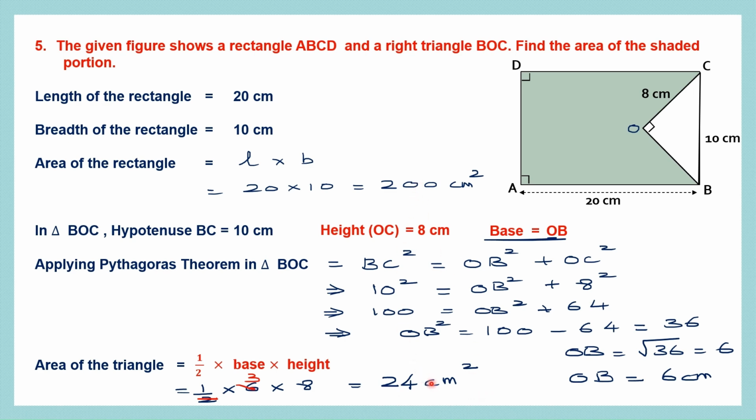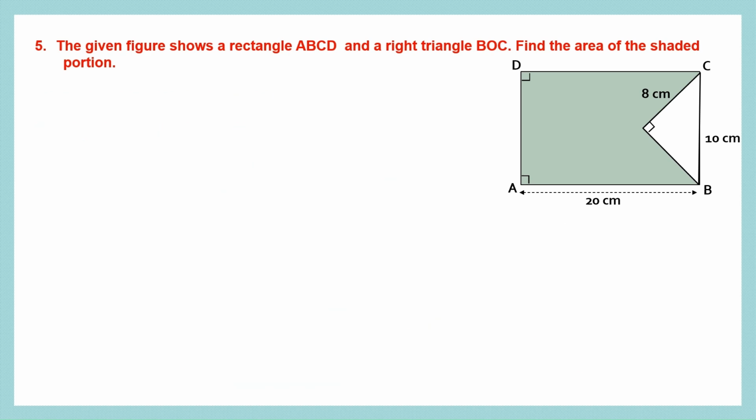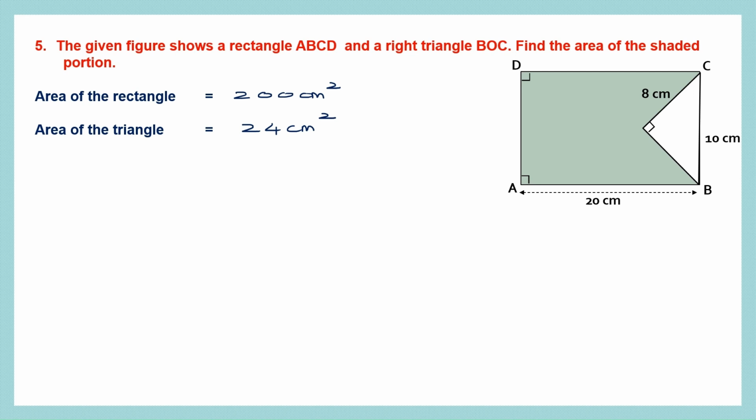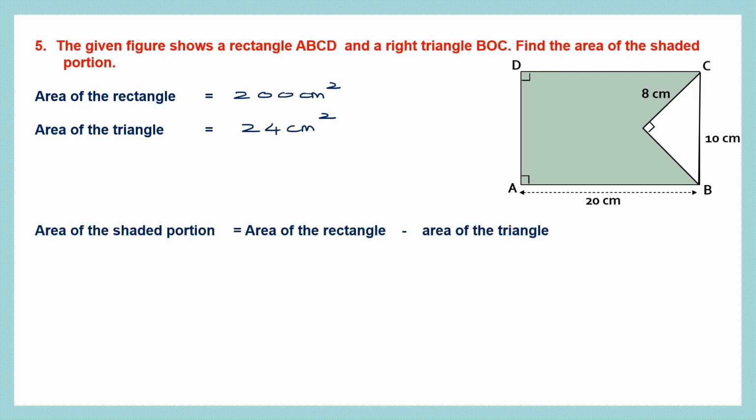If we subtract these two, we will get the area of the shaded portion. So area of the rectangle is 200 centimeters square, and the area of the triangle is 24 centimeters square. Now to find the area of the shaded portion, we say area of the rectangle minus the area of the triangle.